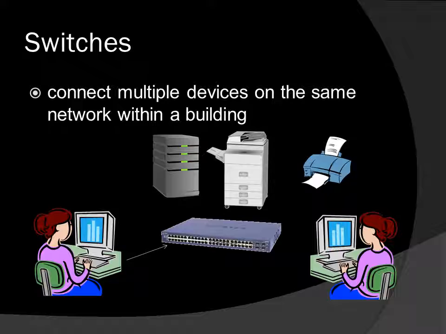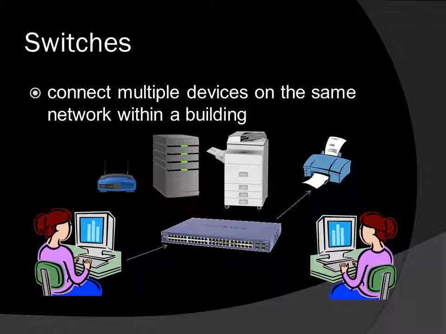So the printer will have its own address, and the switch knows where that is. The switch's job is to take the incoming packet, the incoming data that you're sending, and send it to the appropriate location. And so hopefully it gets there and you have your printed paper.